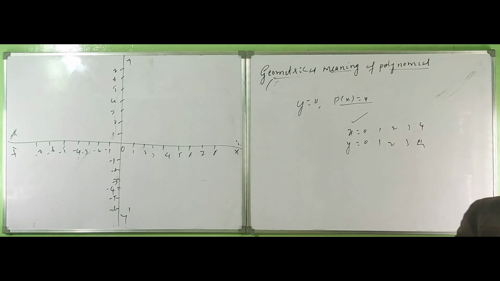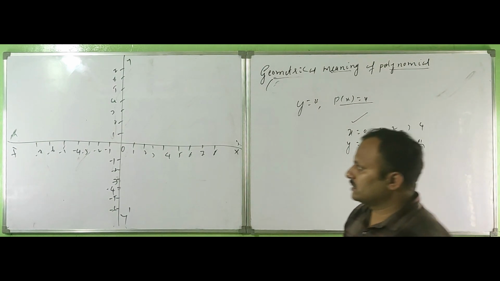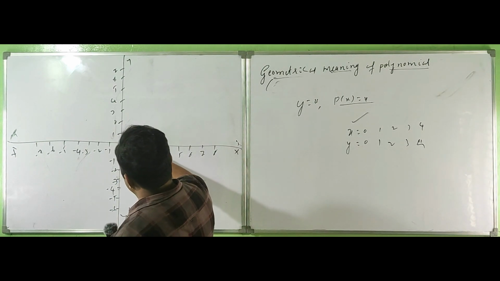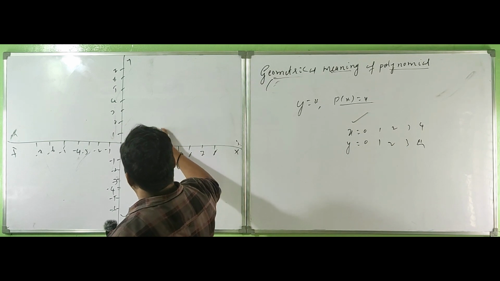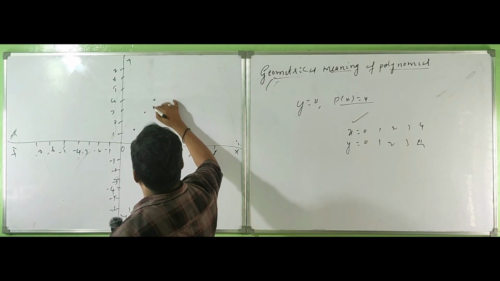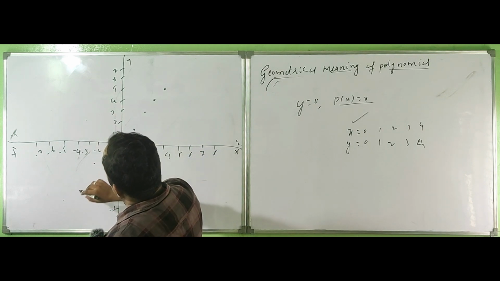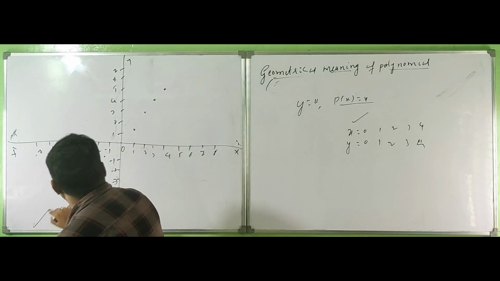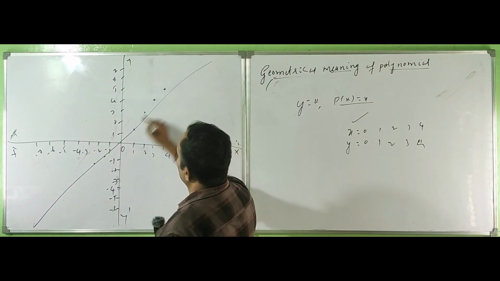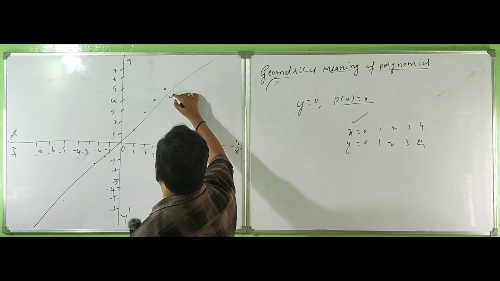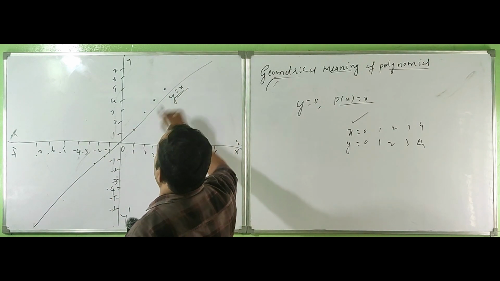So whatever value of x you take, you get the same value. For 0 we get 0, for 1 we get 1, for 2 we get 2, for 3 we get 3, for 4 we get 4, and for minus 1 we get minus 1. This line cuts the positive axis, this becomes y equal to x.